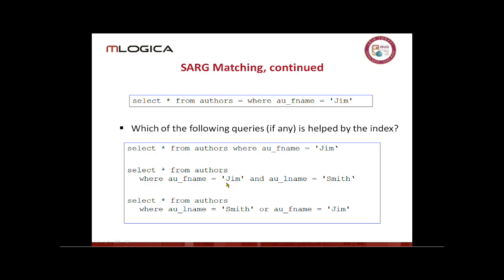Next one has select star from authors where the first name is Jim and the last name equals Smith. Well, the question here becomes, is this something which is going to make sense for a first name lookup, a last name lookup, or both? Well, one of the things that we find is that in general, the server just likes to have a single index for an and. So we would have an index on last name, first name, or first name, last name.